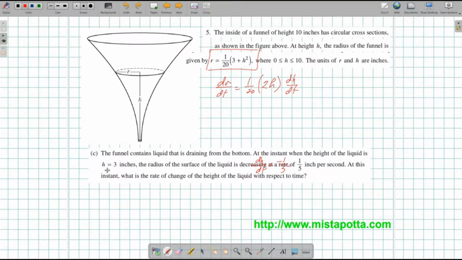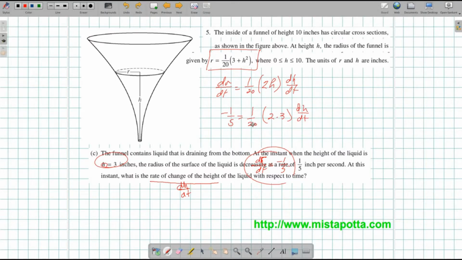And for our purposes, I know that h is 3, I know dr dt is negative 1/5, and I'm trying to solve for the rate of change of the height. Excuse me, this is dr dt, not dh dt. I'm looking for dh dt. So I've got negative 1/5 equals 1/20th of 2 times 3 times the thing that I'm trying to solve for.